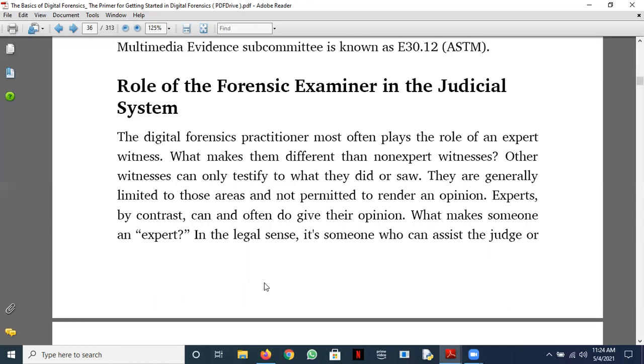Why are they known as expert witnesses, and how are they different from non-expert witnesses? The difference is very clear. The other witnesses can only testify to what they did or saw, like, yes, I saw this person committing this crime, I saw this person killing this person, I saw this person entering the house at night.